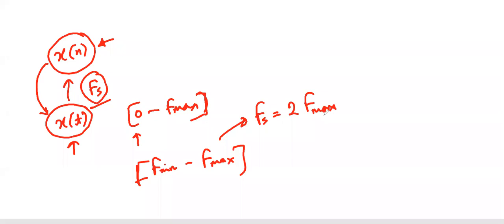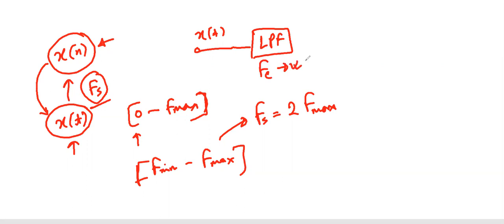But conventionally, what we need to do is pass x(t) through a low pass filter where we know the cutoff frequency, f cutoff.